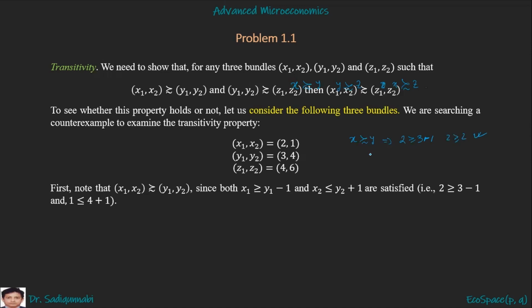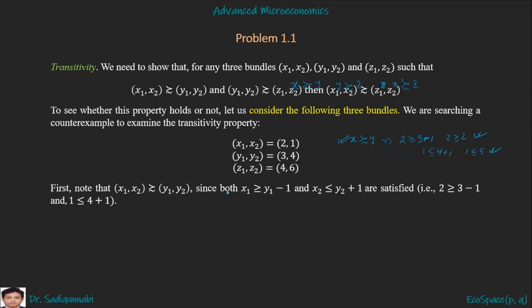It's all right, no problem. For the second component, x2 should be less than or equal to y2 plus 1. x2 is 1 and should be less than or equal to 4 plus 1. So 1 should be less than or equal to 5. It is also satisfied. So we can say that x is preferred to y.